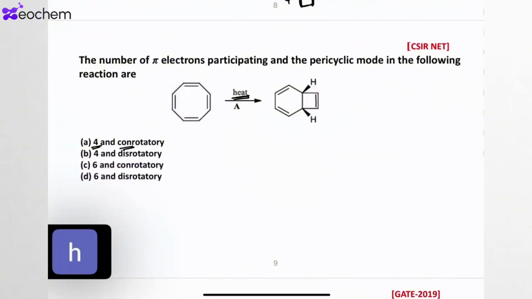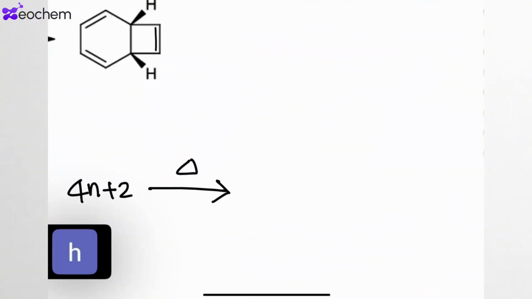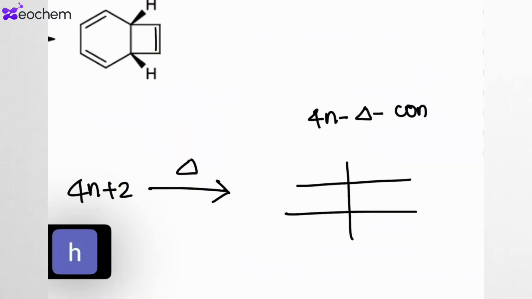Okay. Now we need to determine whether con or dis is happening. So 6 means 4n plus 2 system. Heat means delta condition. What will be the product? For that we will write 4n delta con. Again we will draw our table: 4n and 4n plus 2 can be delta or h nu.